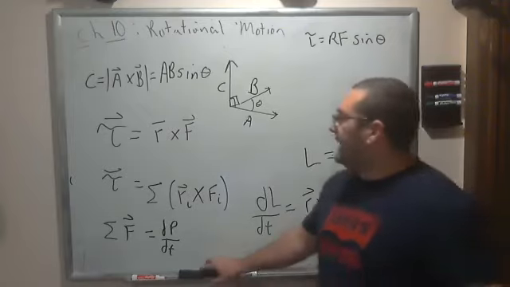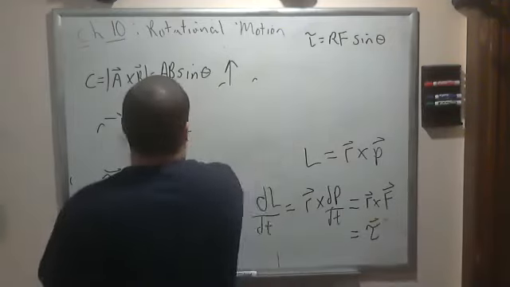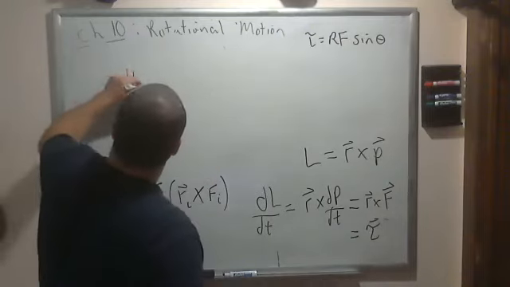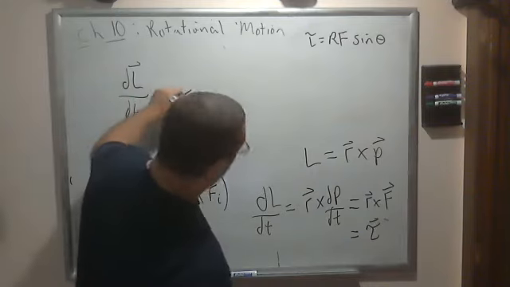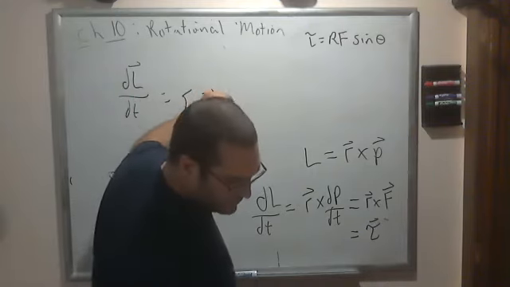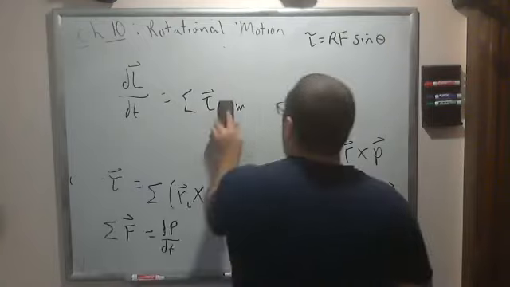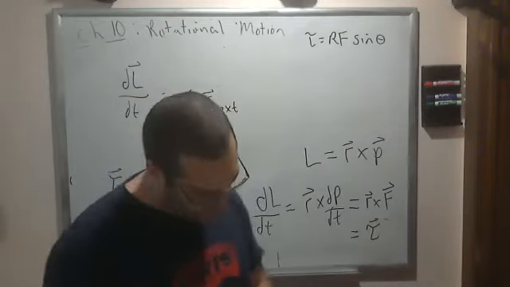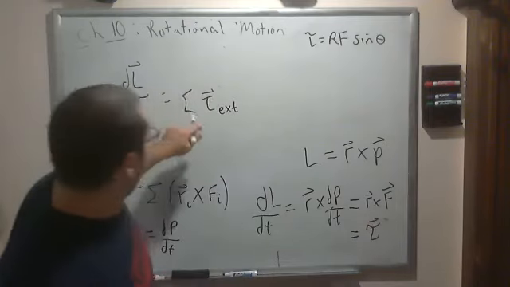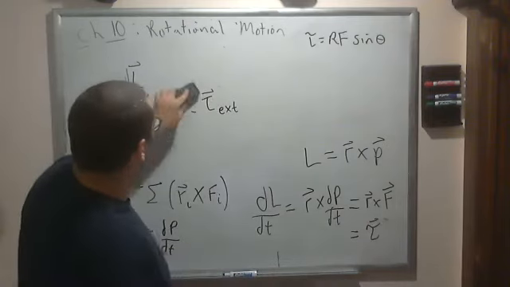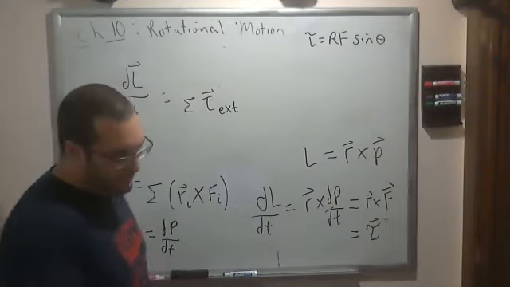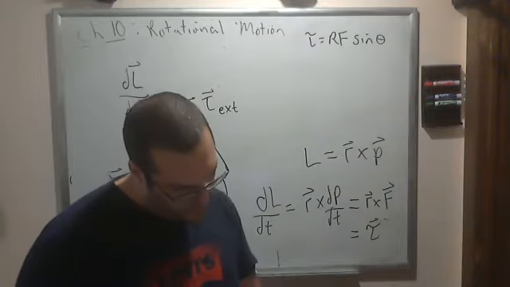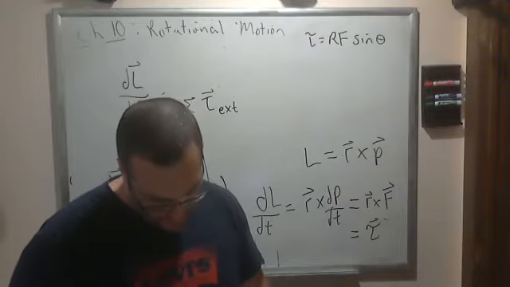And then we get the conservation of angular momentum, where the sum of the external torques is equal to the change of the angular momentum.